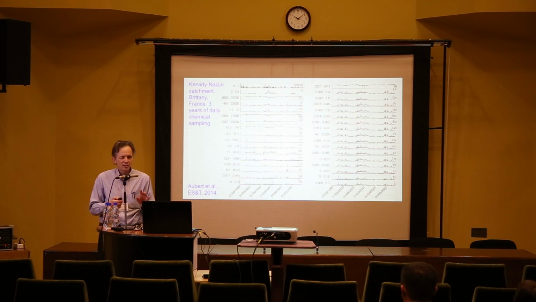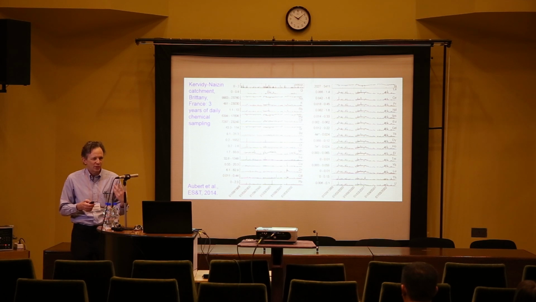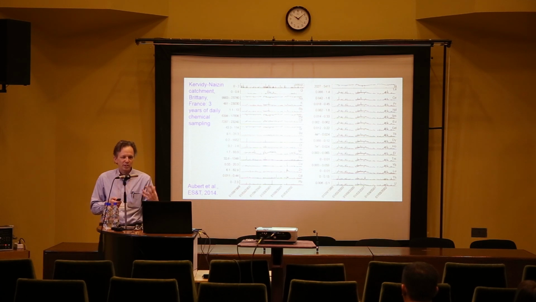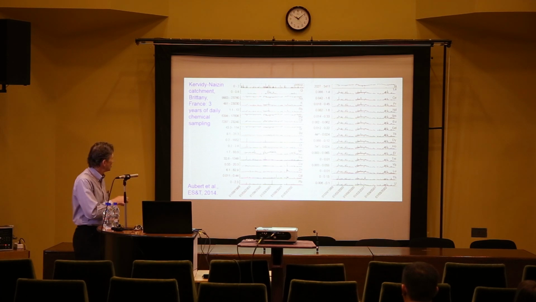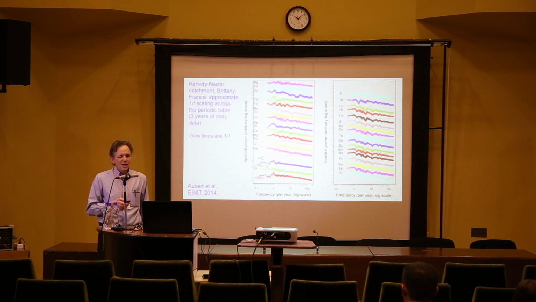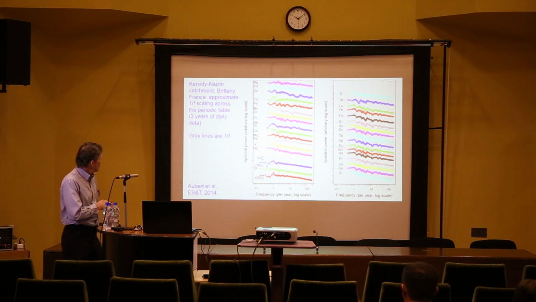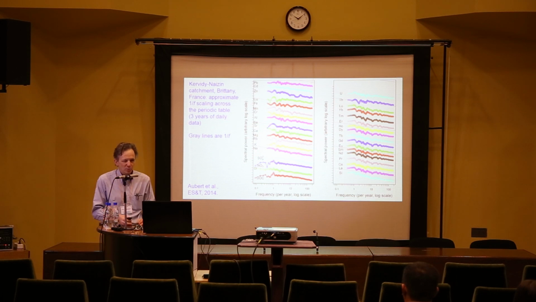And our Rennes colleagues sampled stream flow at their catchment every day for 3 years, and they analyzed for lots and lots of different elements. And we plotted their power spectra, and their power spectra all basically follow the same 1/f scaling pattern that we have observed at Plinlimmon.